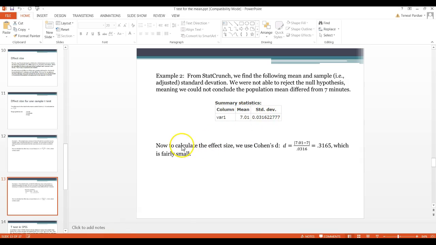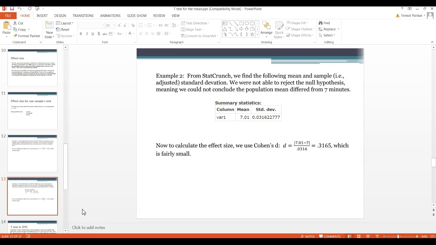So we do that and just plug in here. The mean is 7.01. Subtract the hypothesized value of 7. Make sure it's positive, and then divide by 0.0316. Well, that's 0.3165, which is still in the small to moderate range. All right, so that's the effect size.